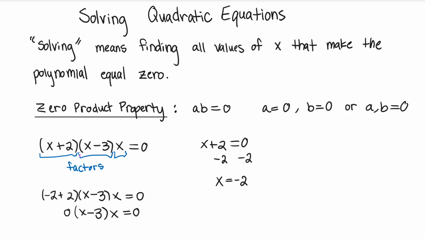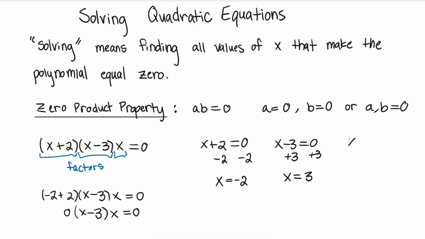So now I need to set the second factor equal to 0 and solve for x, because negative 2 isn't the only value that, if I plugged it in for x, would give me 0 here. If I have x minus 3 equal to 0, I'm going to add 3, and I will get x equals positive 3. And lastly, I have a factor that is just x.